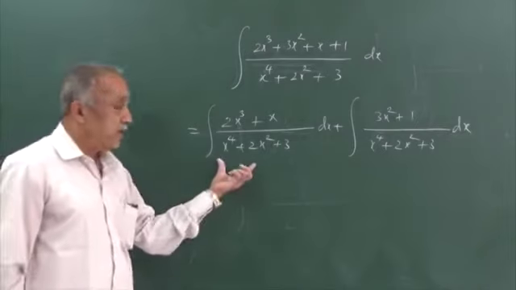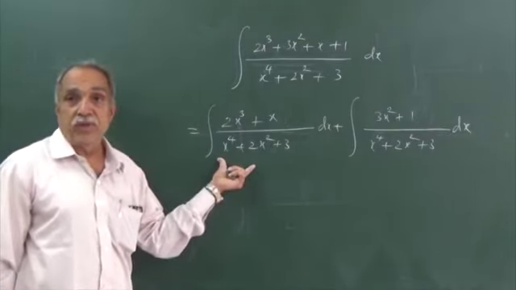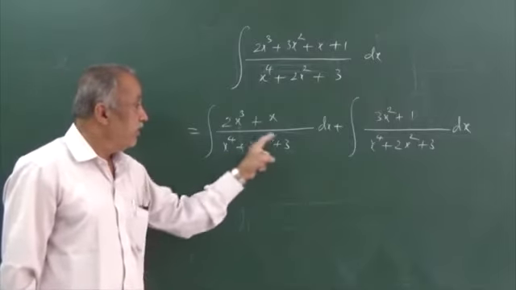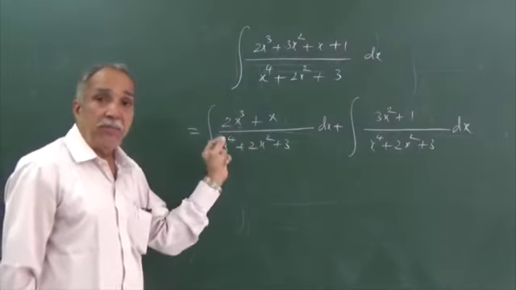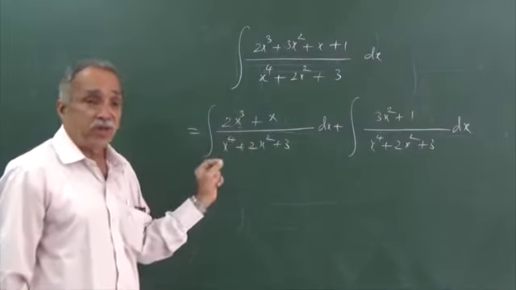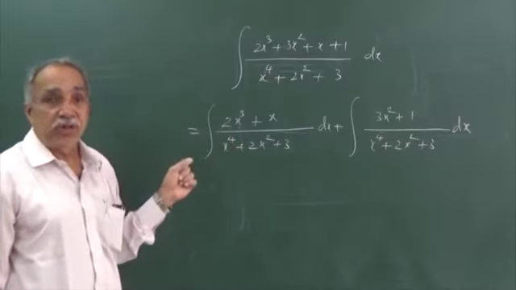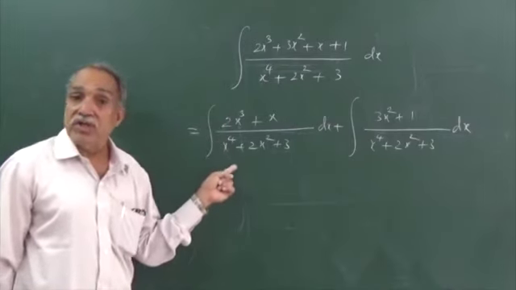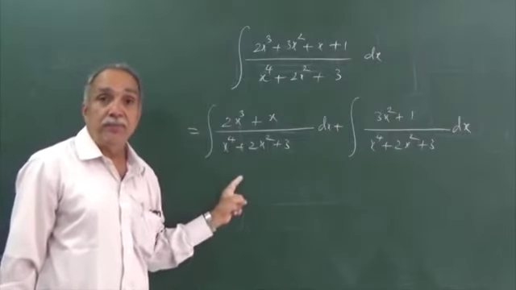In the first part, I may think of applying a substitution. I cannot apply a substitution for this whole thing because the derivative of the denominator is not seen in the numerator, but at least for a part of the denominator expression, for x square, I can certainly apply substitution. I will use the substitution x square equal to y, which substantially simplifies the form of the integrand here.